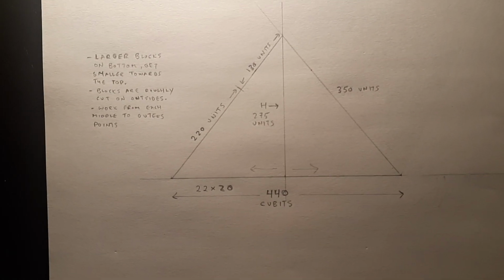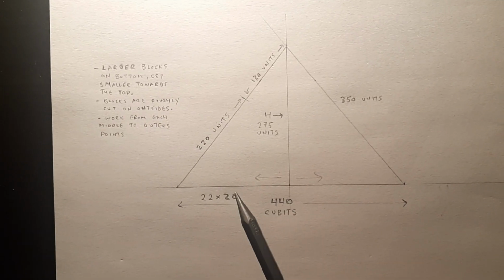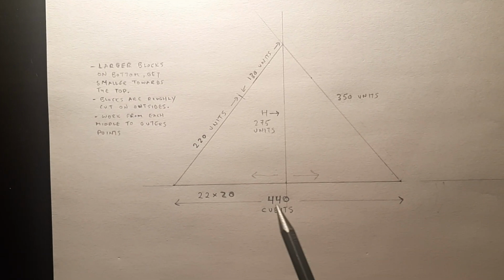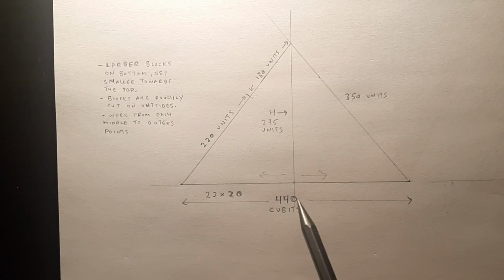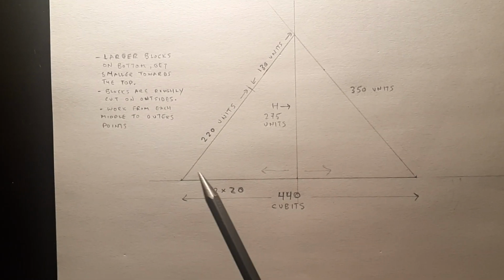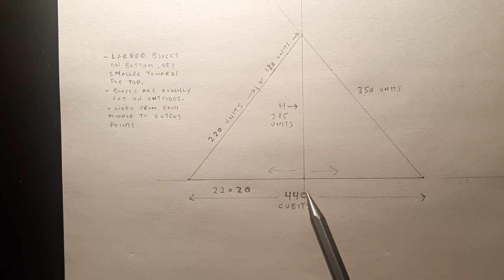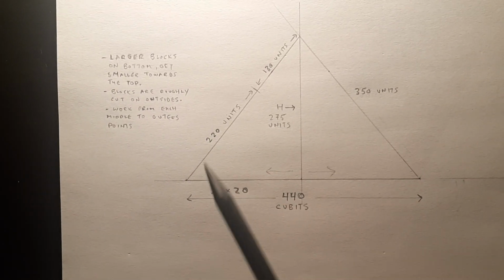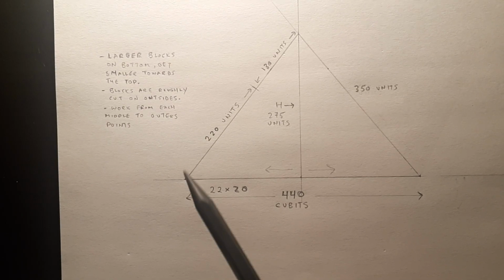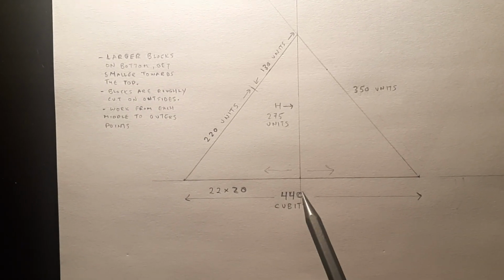And I'm going to go by the math that I found, where someone or many of them perhaps have worked it out to approximately that each side at its base is 440 cubits. Well, the 22 units is actually very convenient for this math. 22 times 20 is 440.